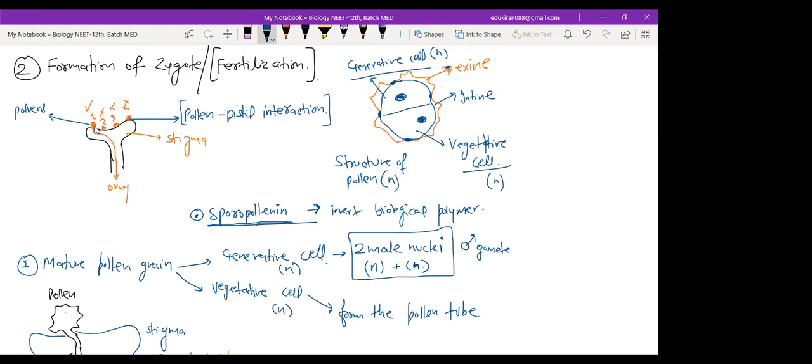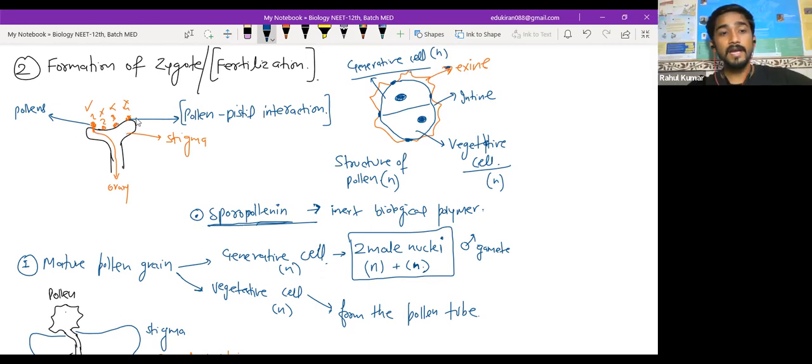Now this thing is decided here. When pollens land on the stigma, the first thing that happens is a pollen pistil interaction. It is a biochemical interaction. There are certain sugar molecules present as receptors on the surface of the stigma, and similar molecules present on the pollen grain wall surface.